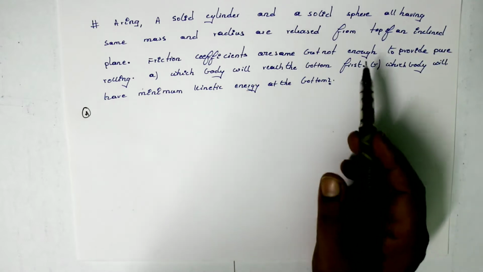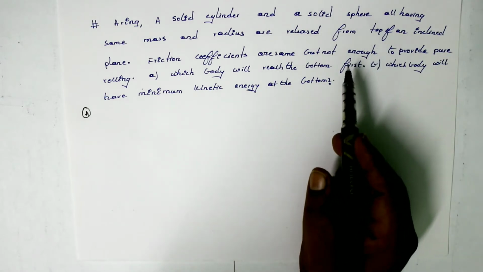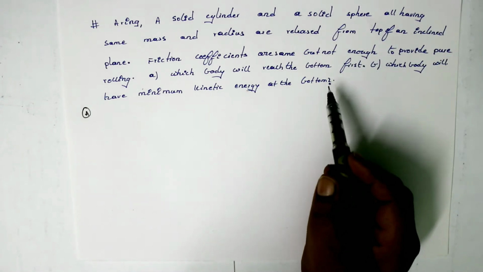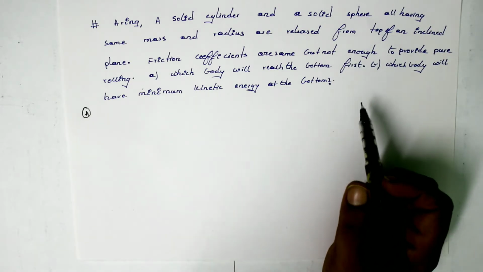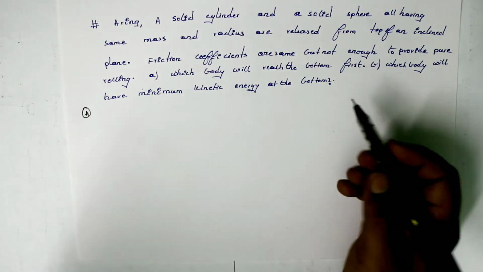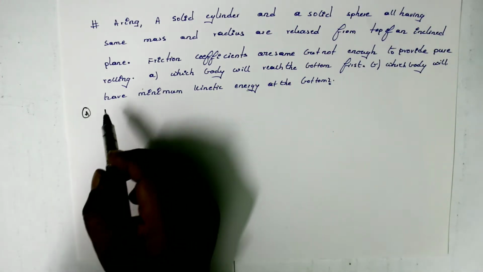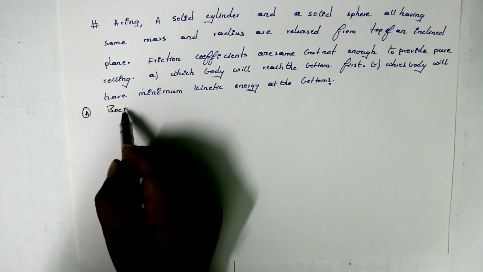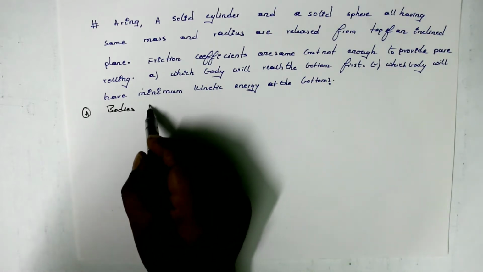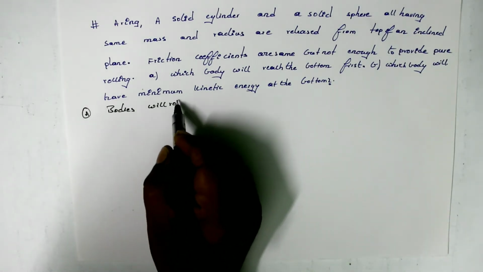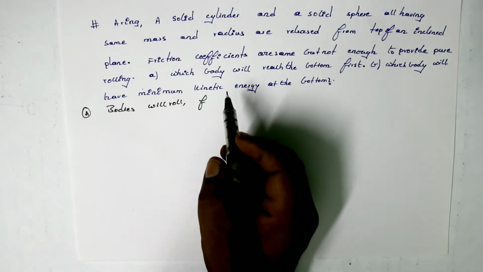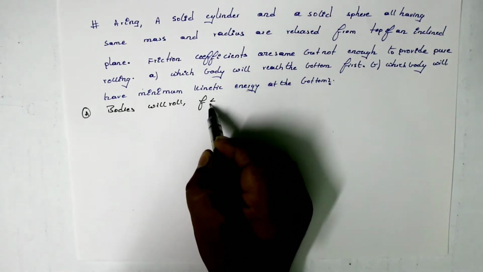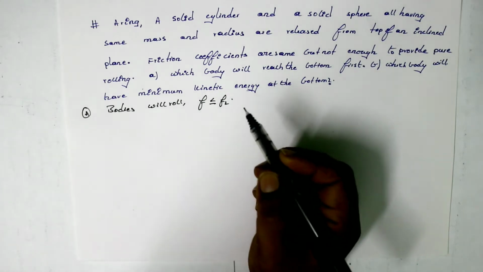Here these bodies roll only because of friction, but it is given that the friction is not enough such that the bodies will roll. We have already studied that bodies will have pure rolling if the amount of friction required, F, is less than or equal to limiting friction.